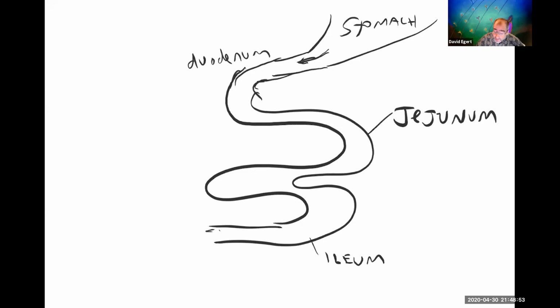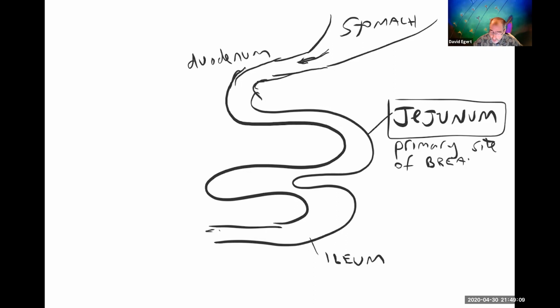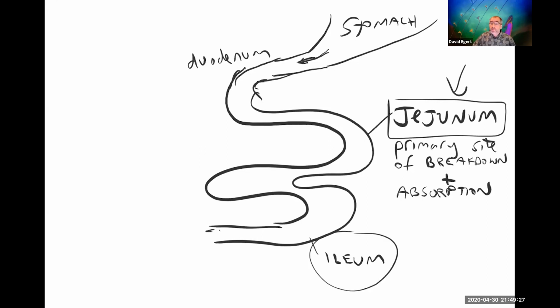The jejunum is going to be the primary site both of breakdown and of absorption of your food. This is where we're going to spend most of our time. Ileum reabsorbs bile salts, reclaims bile salts.